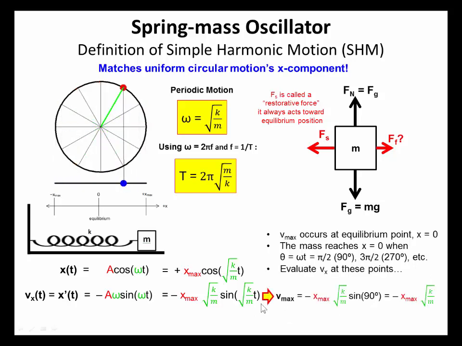What we get for the 90 degree point up here, when we're passing through from the right side to the left side, we get a negative x max times the square root of k over m. So the negative meaning is moving from right to left. And if we do the same at the 270 degree point, coming down to the bottom right here, it's moving from left to right in the positive direction, and sine of 270 gives a negative, times a negative is a positive.